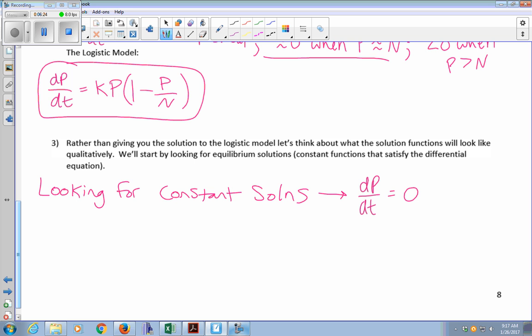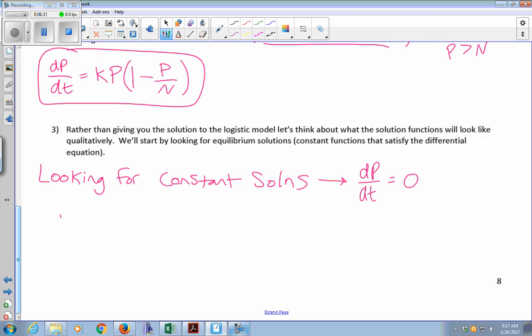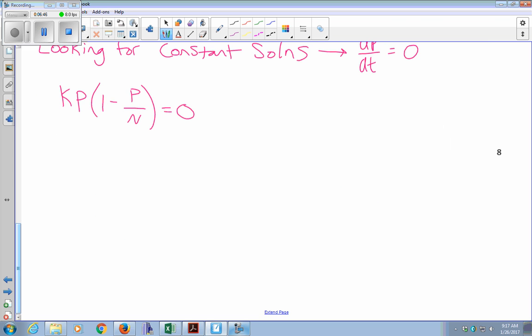And I happen to know the derivative, right? That's exactly what the model is. So I take my model, kp times 1 minus p over n, and set it equal to 0, and I'm going to solve for p. I'm looking for solutions p of t whose derivative will be 0, which means that the function will be flat.